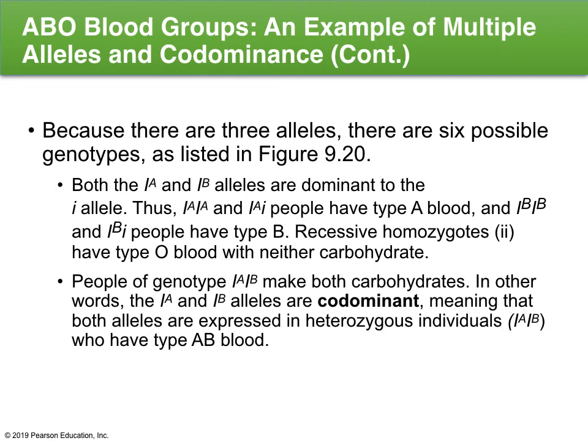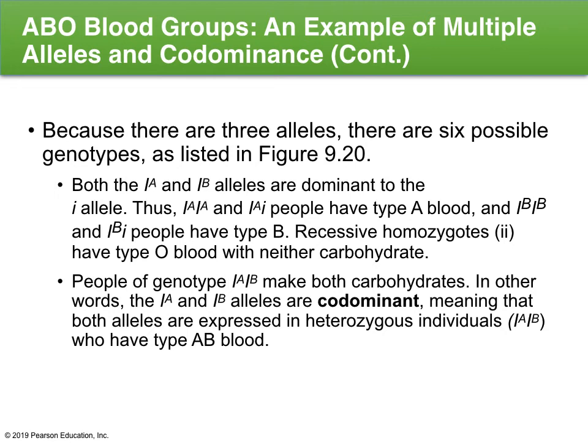Same sort of thing here, where you have 2 copies of the dominant in the case of I superscript B, and then I superscript B and a person bearing the little i, they have type B, right? So regular dominance in that respect.